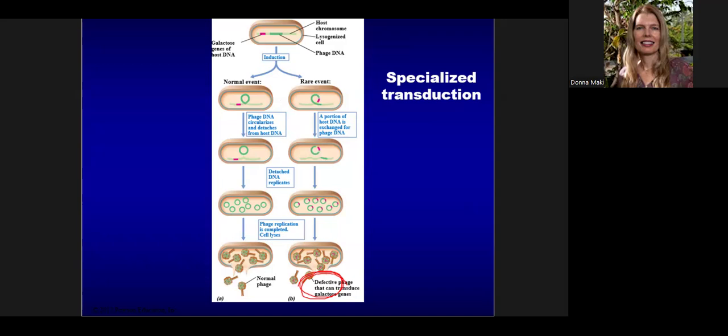It's rare, so that's special, because it's rare for an imperfect cut out of the DNA. And then it's specialized also because very special pieces of DNA will get packaged. It'll be the flanking DNA on either side of the phage DNA. I'm not sure I answered your question correctly, to what you wanted. Yeah, it's all right.